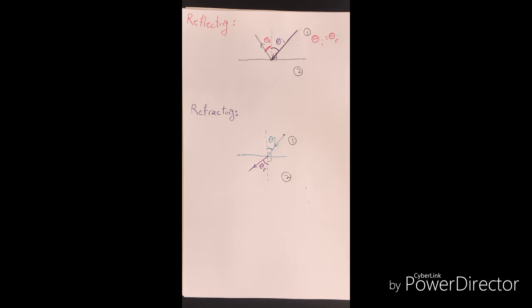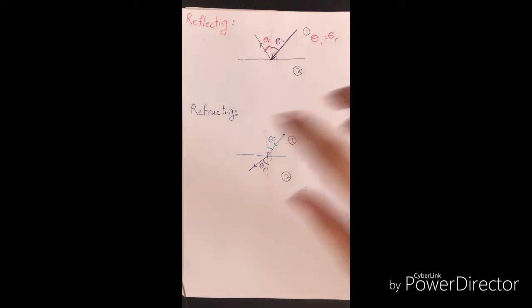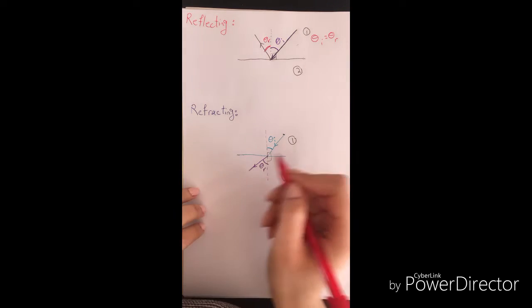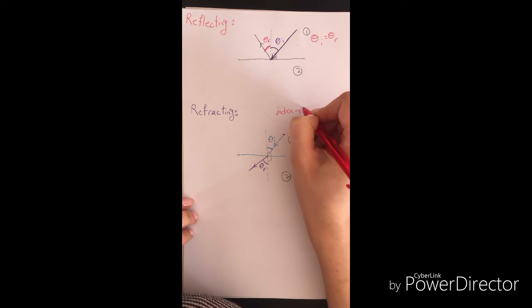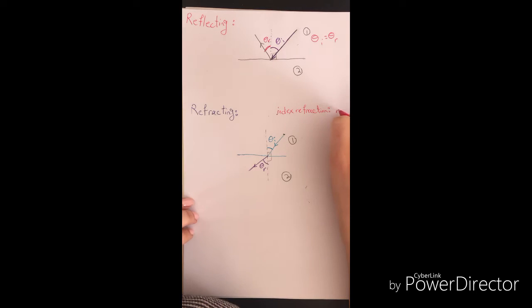Now, for refraction we have an index of refraction. What is the index of refraction? The index of refraction is a constant number for each side of the surface. The index of refraction is n, and it is equal to c over v.